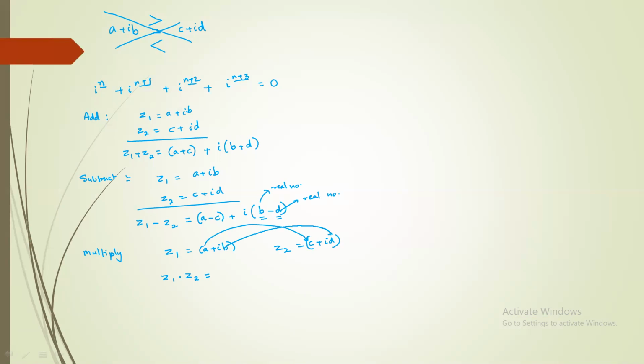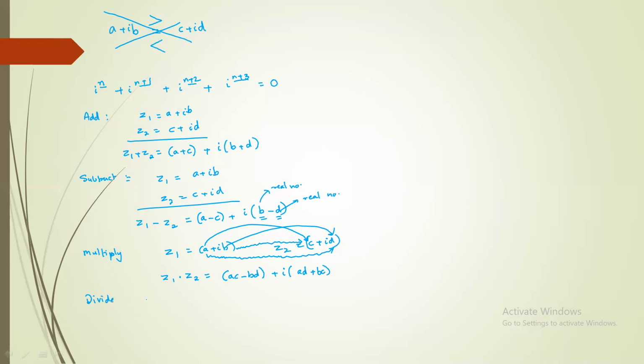The real part will be ac minus bd, plus i into the imaginary part, which will be ad plus bc. So ac minus bd is the real part, and ad plus bc is the imaginary part.